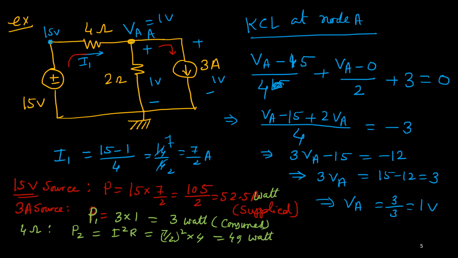And the 2 ohm resistance. Again it will consume, so we can go for V square by R. V is 1, so 1 square by 2 is 1 by 2. So half a watt, that is 0.5 watt.